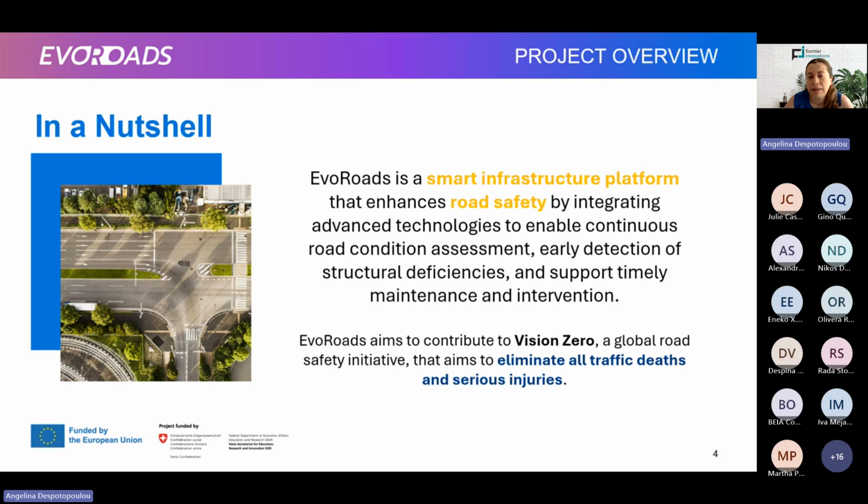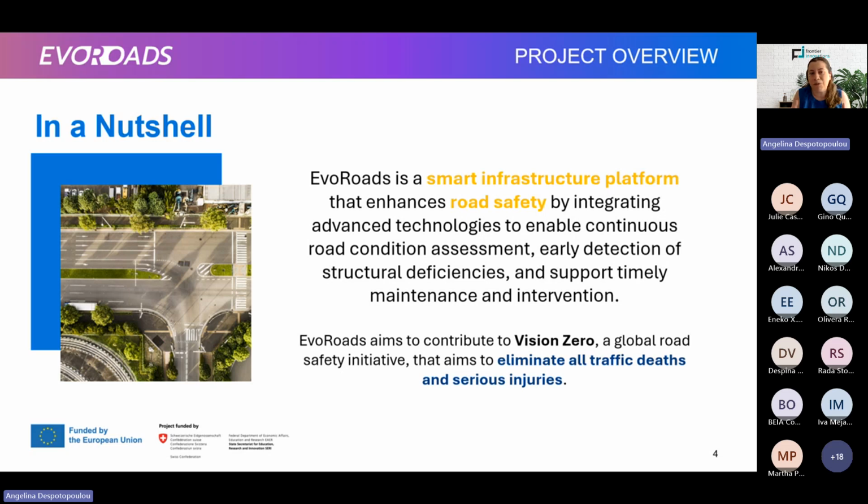EvoRoads is a smart infrastructure platform that aims to enhance road safety by bringing advanced technologies together to work in collaboration for early detection of structural deficiencies in the streets and to support people who are doing maintenance on road infrastructure in a timely manner, which is very, very important.